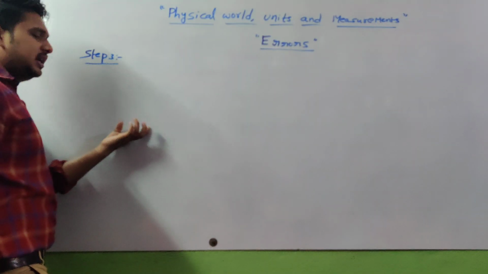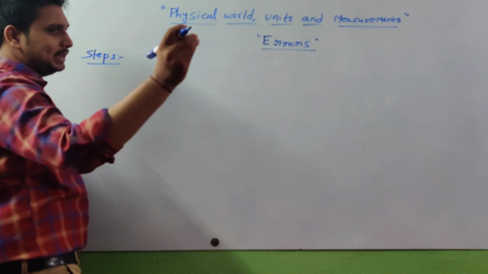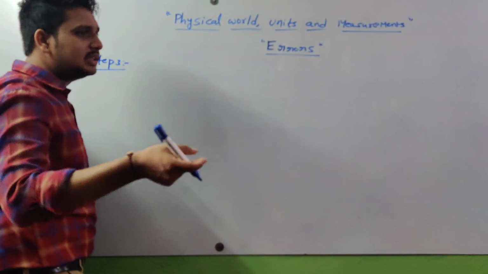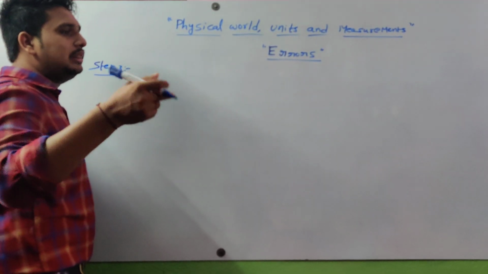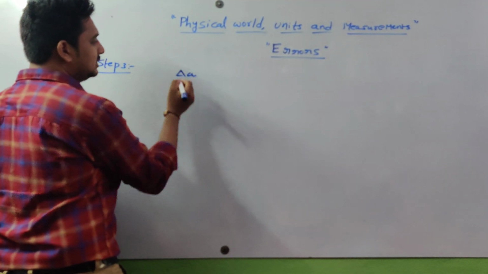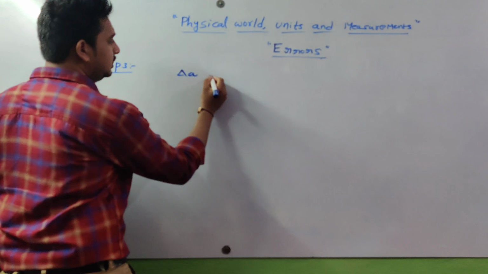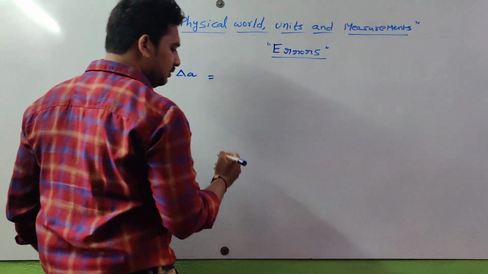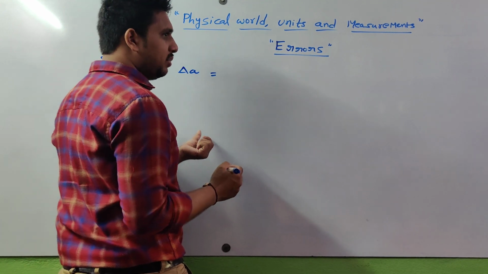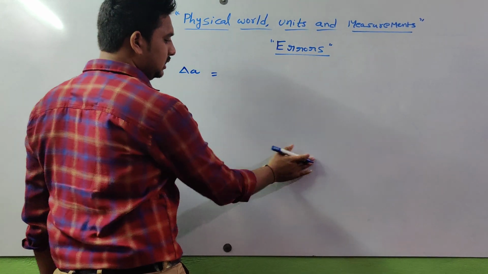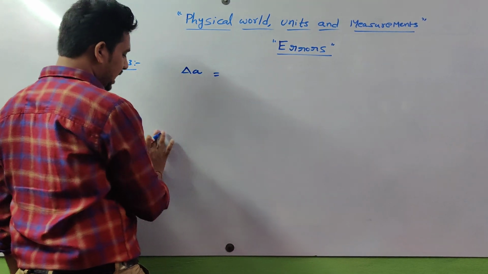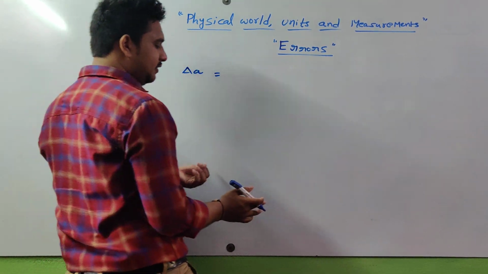Observe step 3. Please recapitulate whatever we discussed a few minutes back. So step 3 is again to find the average of all the differences. The average of all the differences I'll consider as delta A here. So that delta A is equal to the difference values we got a few minutes back.